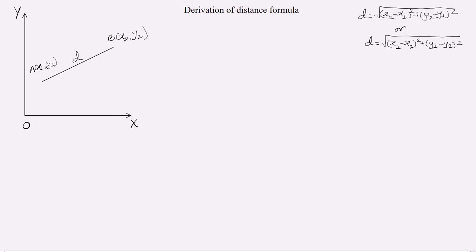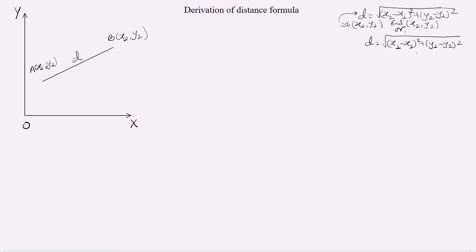This D equals under root (x2 minus x1) whole square plus (y2 minus y1) whole square is for the line segment whose starting point is x1, y1 and ending point is x2, y2.